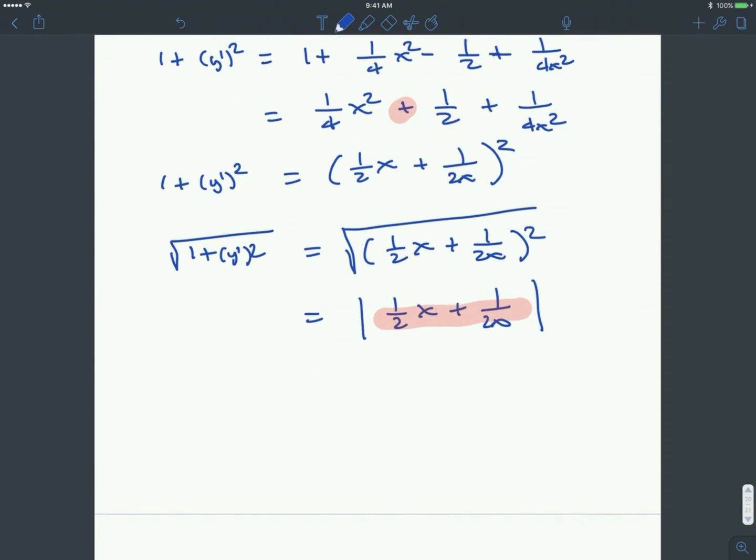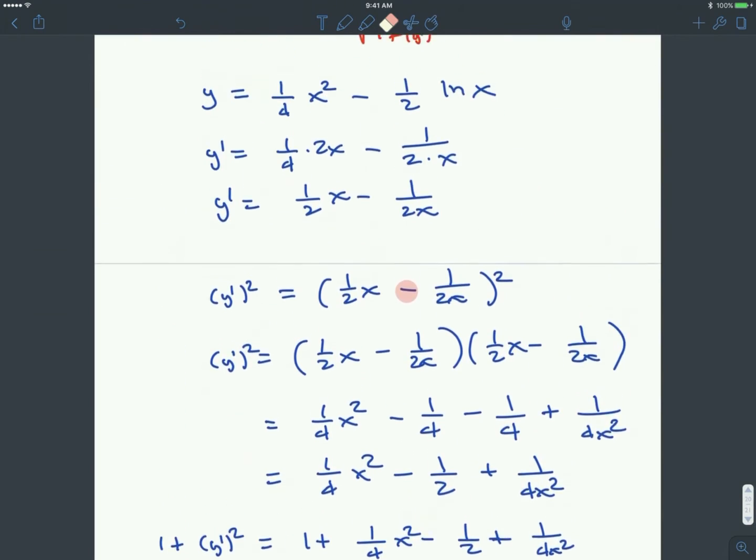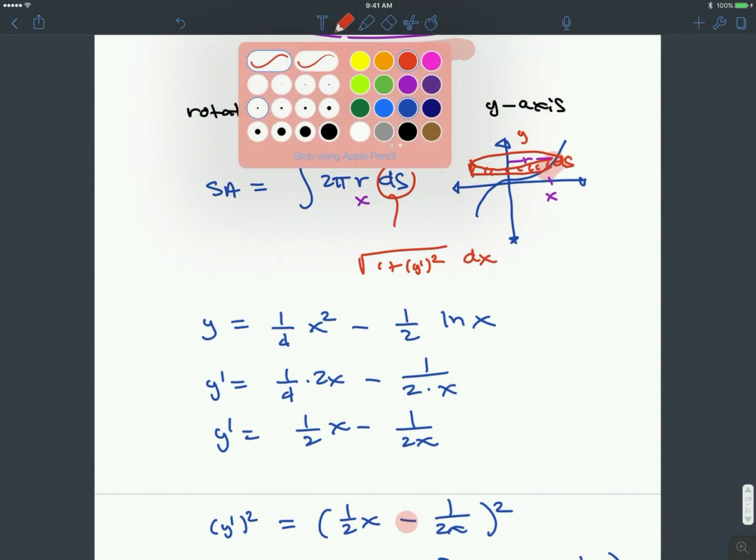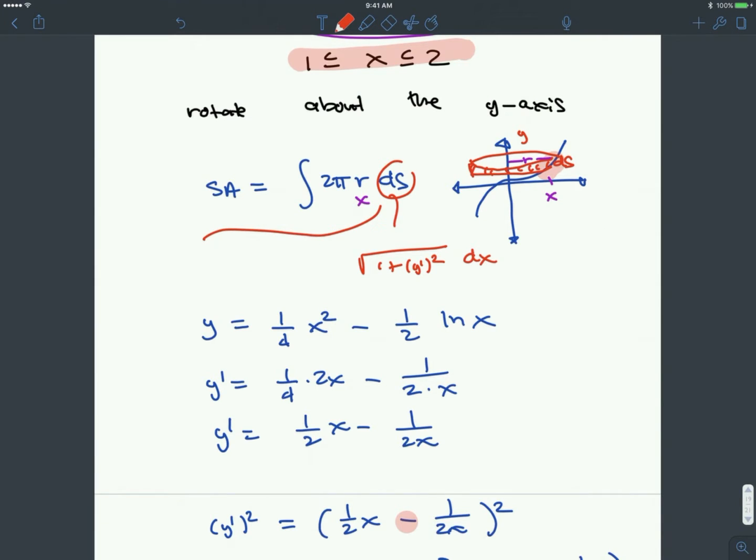So we can actually get rid of the absolute value sign and just have this for our radical. Okay? So it's 1/2 x plus 1 over 2x. This is what we're going to use over here. So we'll put this in red. This is my ds.